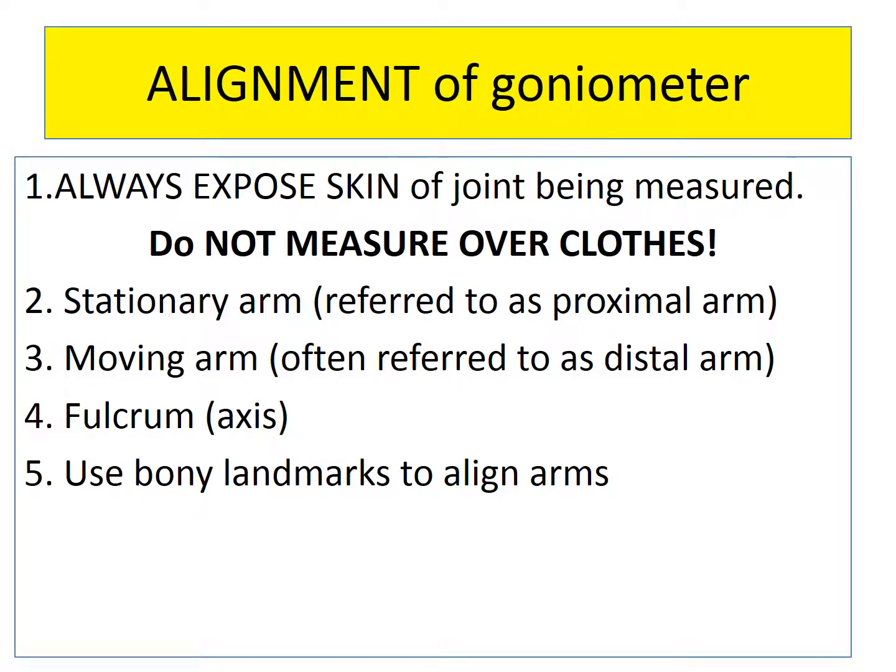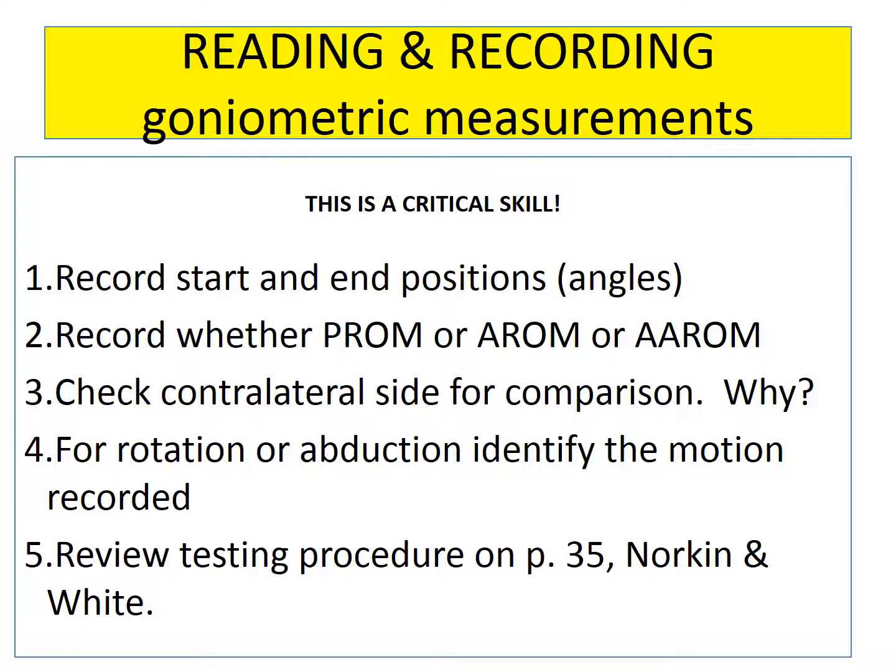That is that center part of the circle of the body. And then you will have your stationary arm. It also can be referred to as the proximal arm, and the moving arm, which is often referred to as the distal arm. You will use the specific bony landmarks that are identified for measuring range of motion at each joint.